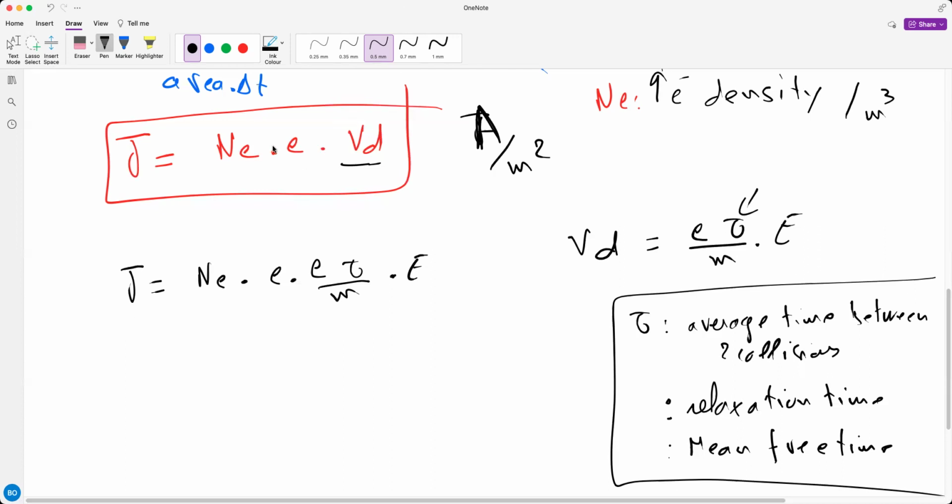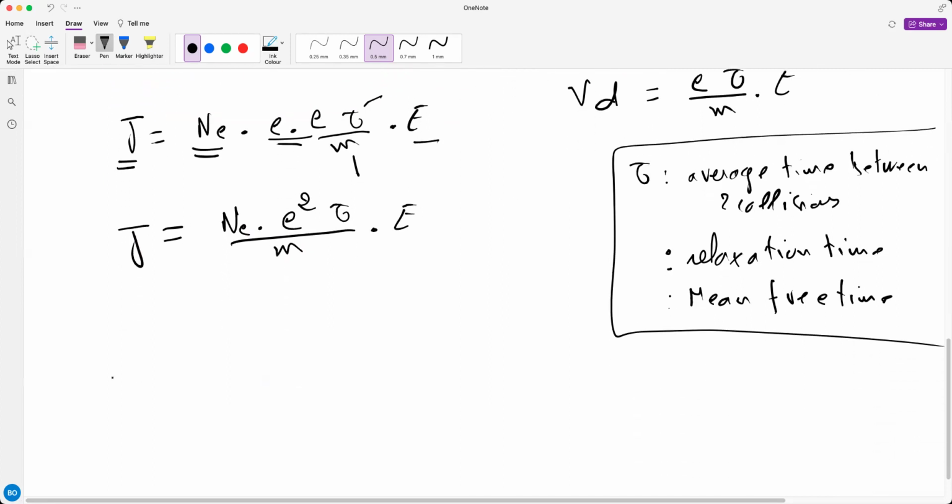So the current density is equal to the number of free electrons per cubic meter, the charge of the electrons, the relaxation time, over the mass of the electron, times the electric field. So this is equal to n_e times e squared tau over m_e, times E.